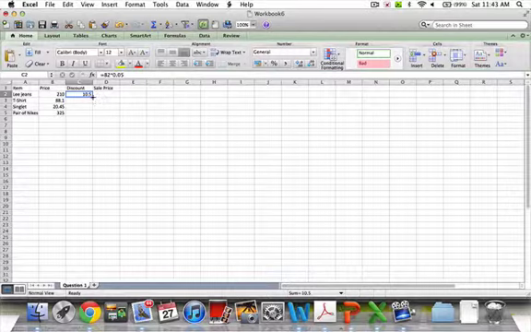I click and hold down, don't let go, on my left key on my trackpad, let go, and I've actually just filled down that formula. So you'll notice when it goes down to the next cell, the first cell I referenced was B2, when I use the fill down command it'll go down to the next relevant row. So it's gone B3, B4, B5, and it's applied that same formula by multiplying that price by 5% to work out what 5% of that original price was.